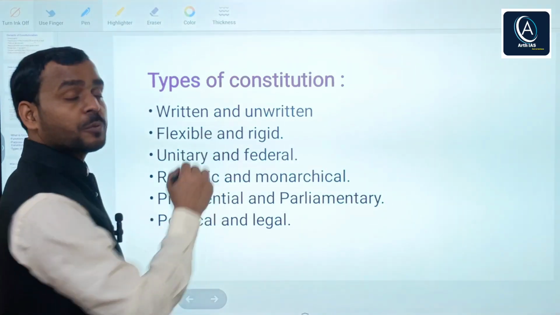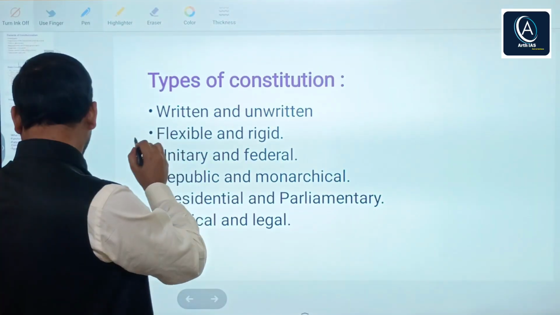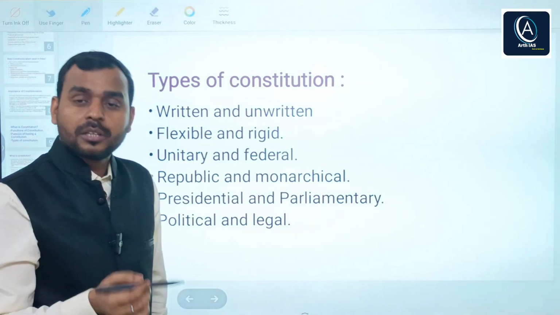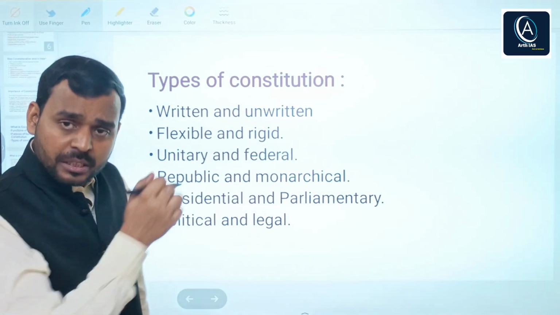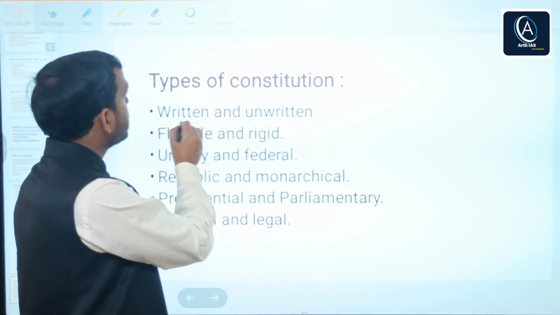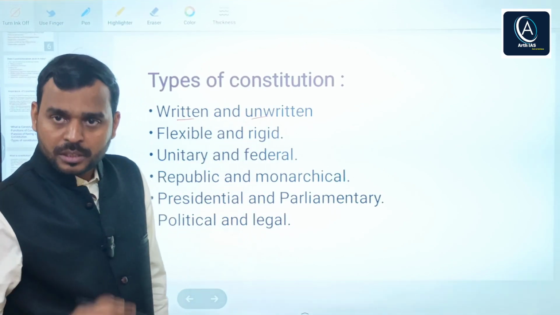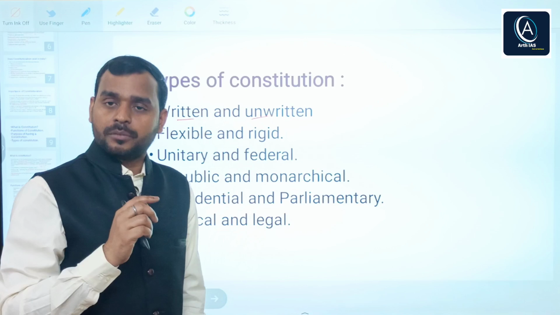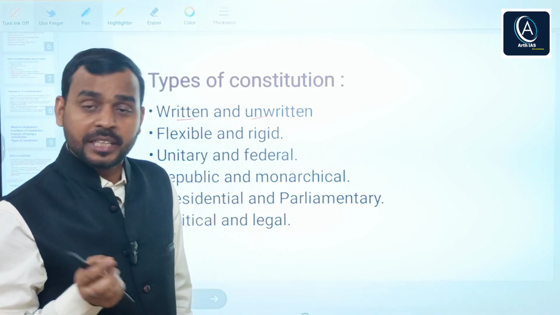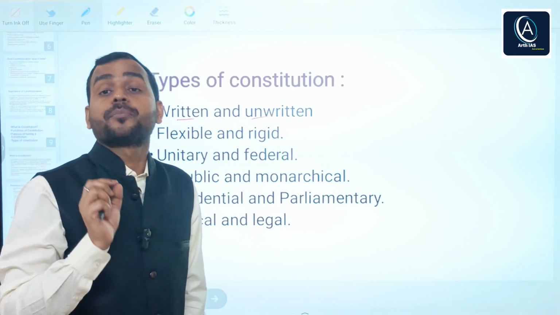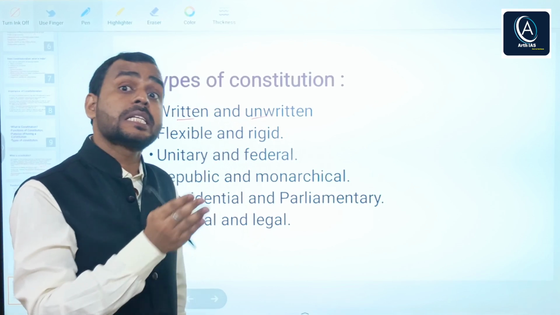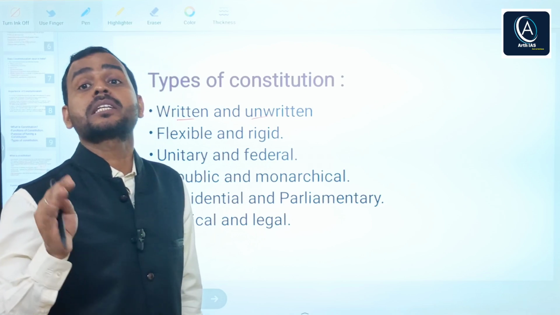Now, types of constitution. Though there are different types of constitution, here we will discuss the main types, that is, written and unwritten constitution. So how will you find whether a constitution is written or not? Just listen: in the world, no constitution is completely written or completely unwritten.